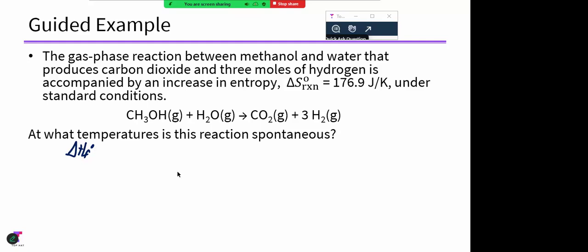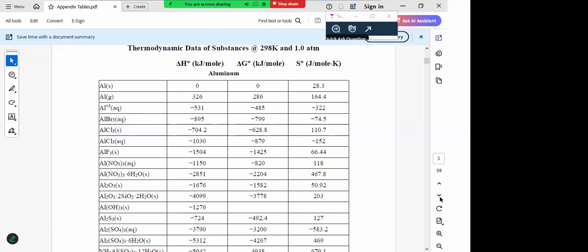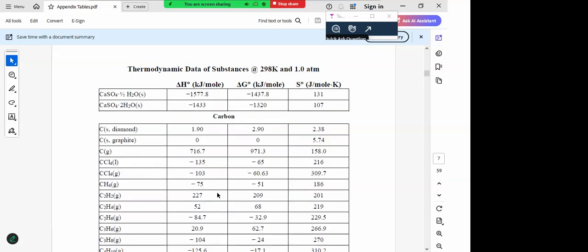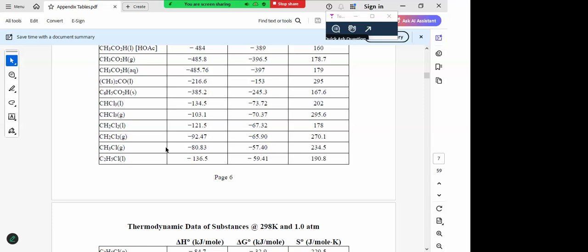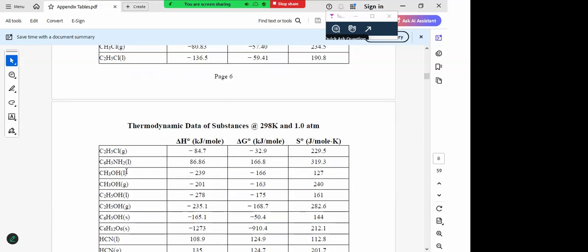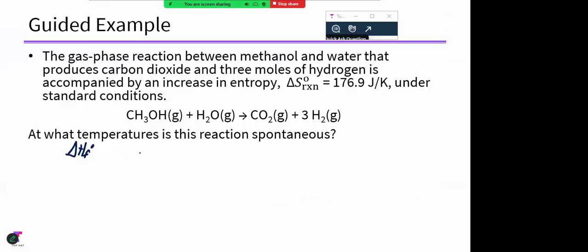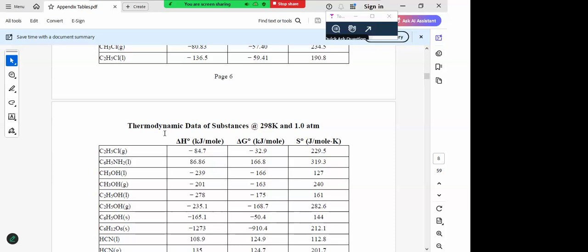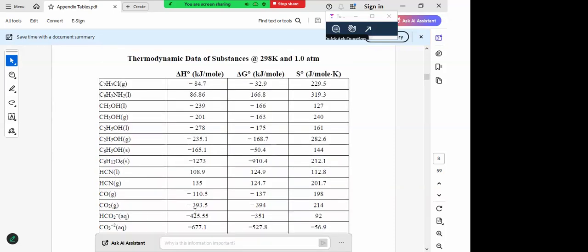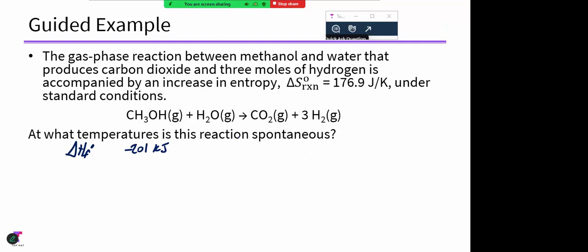So for methanol, you go down to carbon, CH3OH in the gas phase would be negative 201. Carbon dioxide in the gas phase, since we're already at carbon, negative 393.5.